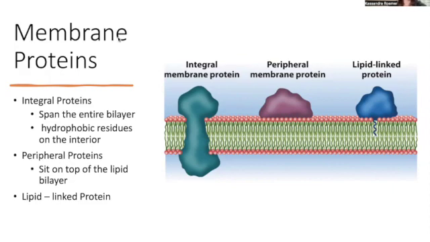Next, we have peripheral proteins, which sit on the outside of the bilayer and are usually free to move around. And then we have lipid-linked proteins, which are anchored into the membrane via different modifications. So we have myristoylation, which is an irreversible lipid link, palmitoylation, which is a reversible link, and then prenylation. So different lipids can link a protein into the lipid bilayer.